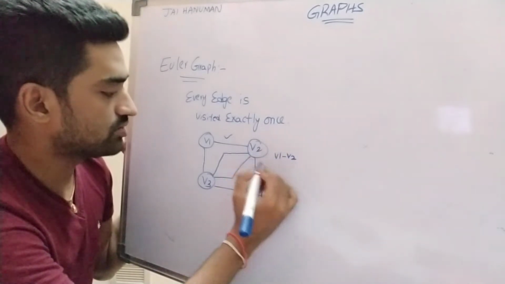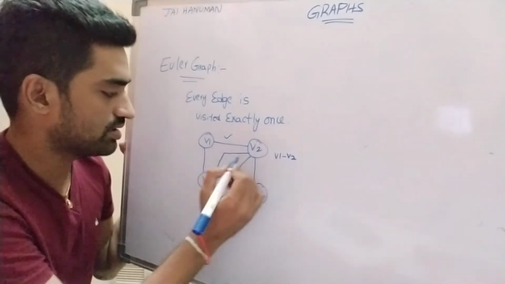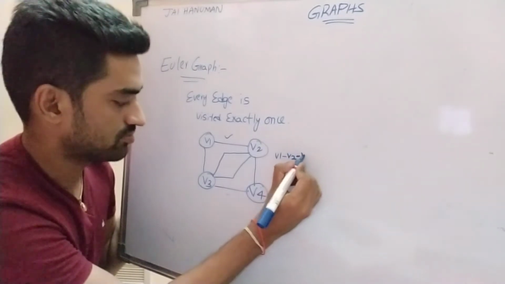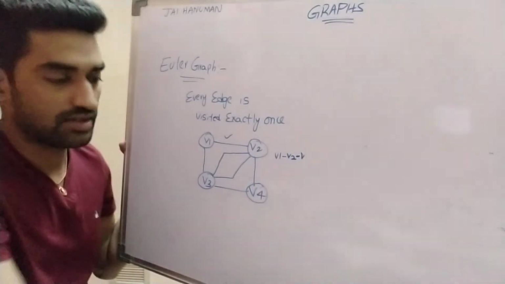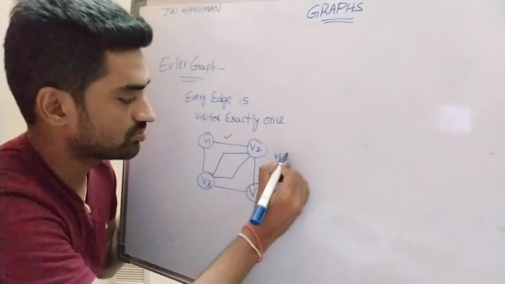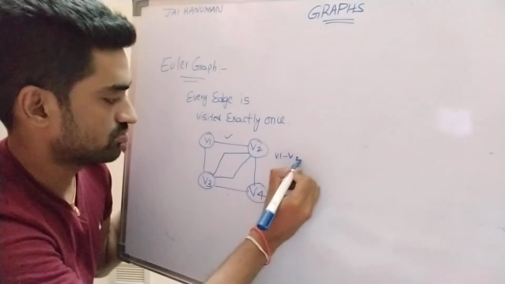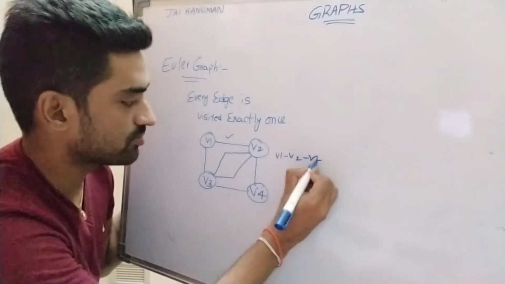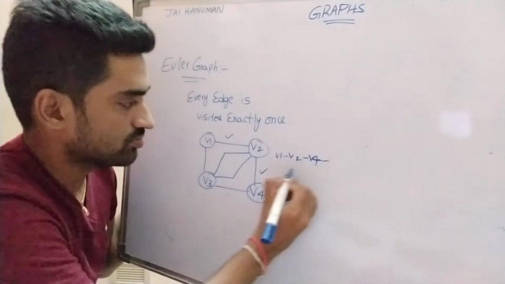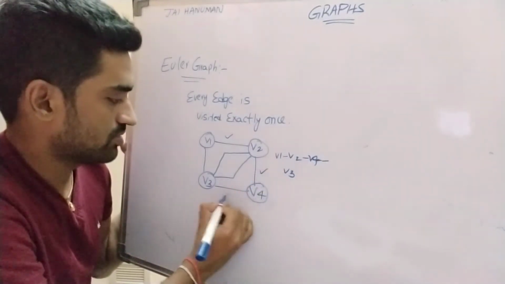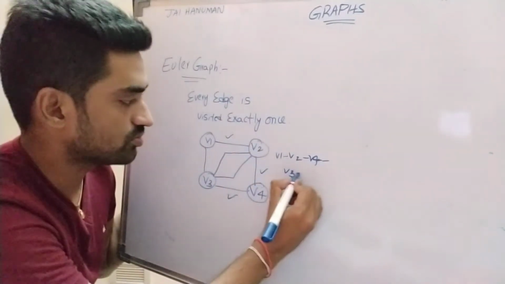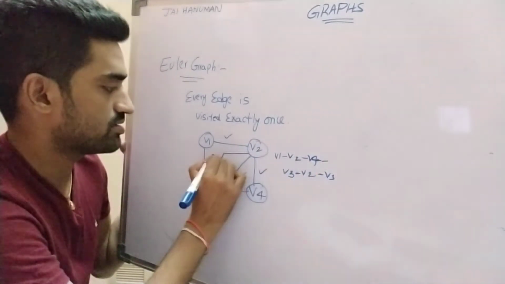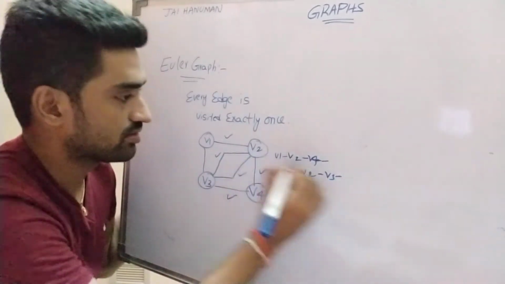Then V2 to V4, V4 to V3, this edge is visited, V3 to V2, this edge is visited, V2 to V3, this edge is visited, then V3 to V1, this edge is visited.